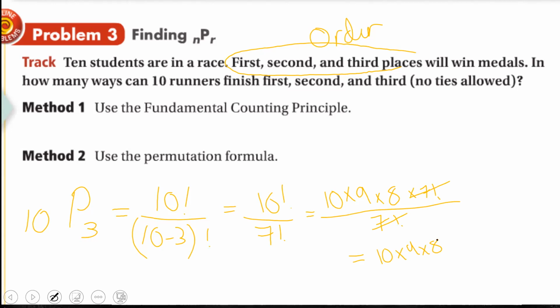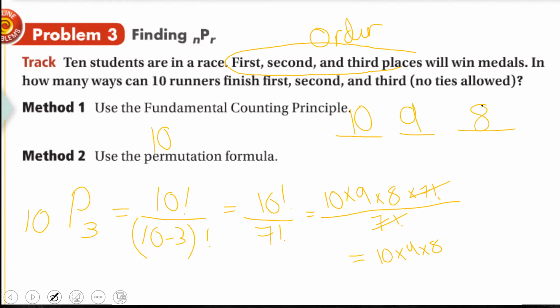The other method is using the fundamental counting principle. What does it mean? Like, I will use the factorial, but I must stop at a certain number. I don't want to continue until number 1. I have to stop at a certain number. I told you I have 10 girls. So I have first, second, and third. So 10, 9, and 8.